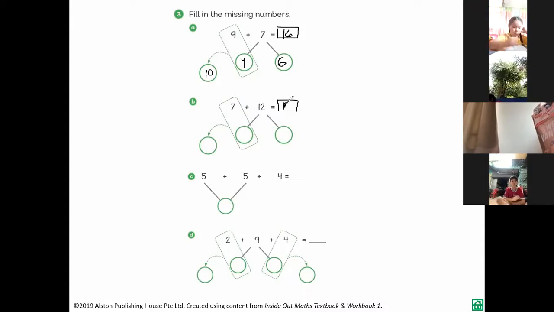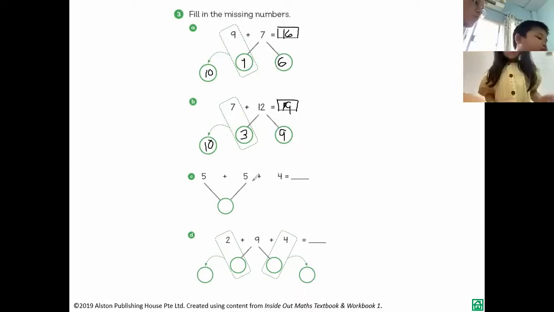Okay, very good. That's 19. So the missing numbers here are 3, 7 and 3 make 10. 9, 3 and 9 make 12. So 10 and 9 make 19. Okay, very good. Next, letter C.